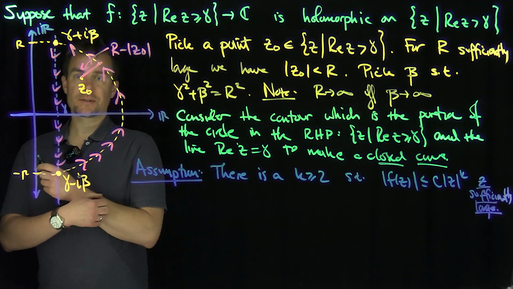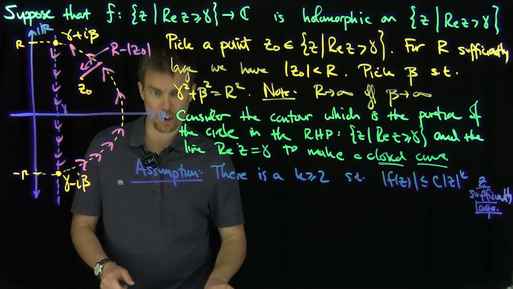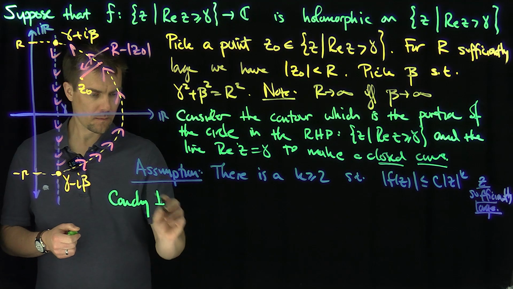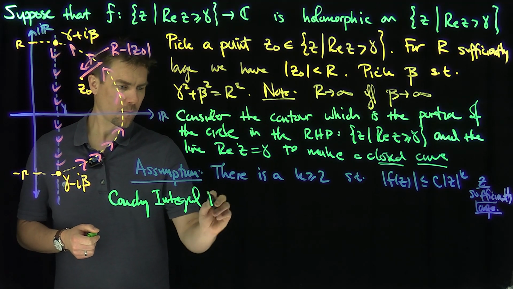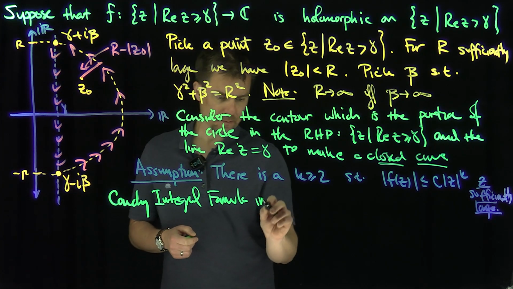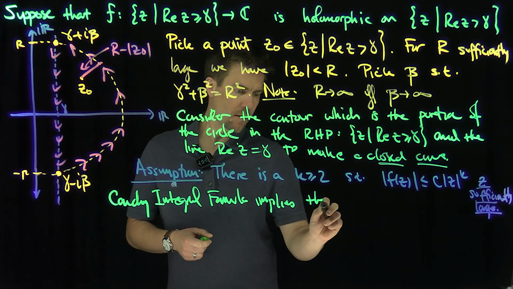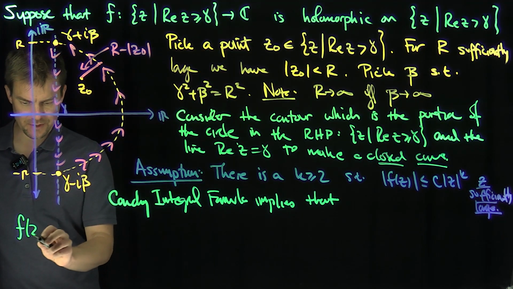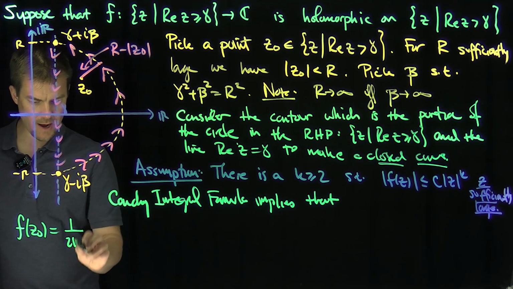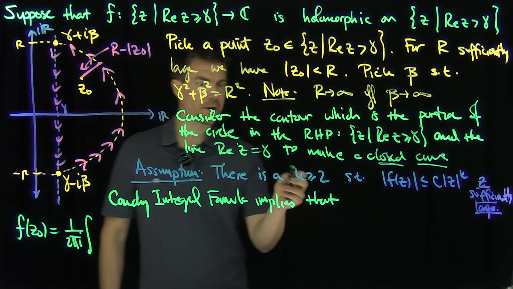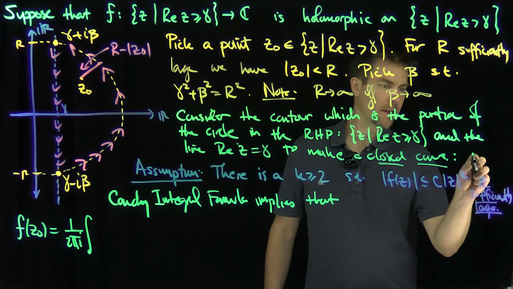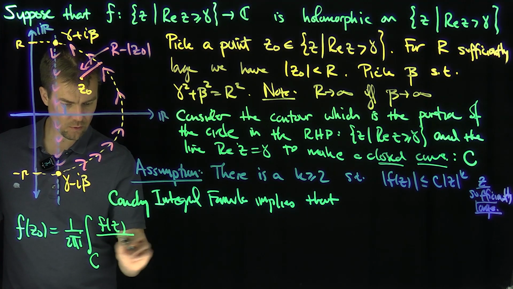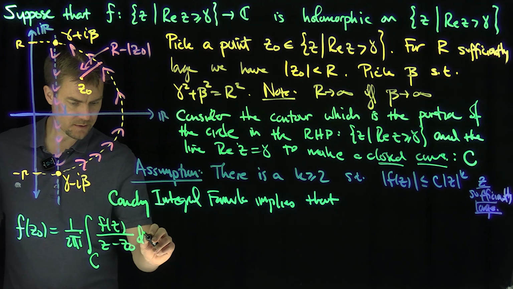Okay, good. Now let's estimate, so I can apply Cauchy. By the Cauchy integral formula, it implies that f of z0 is 1 over 2 pi I, the integral over this contour, call it contour C, of f of z over z minus z0 dz.